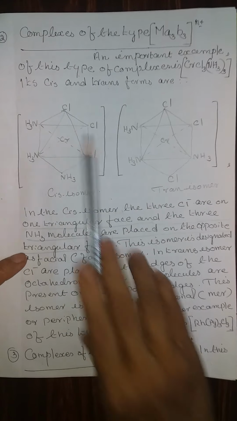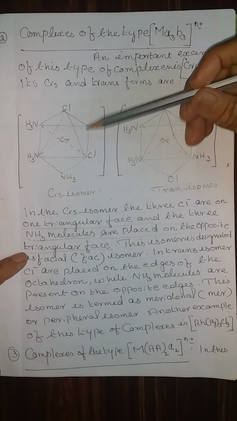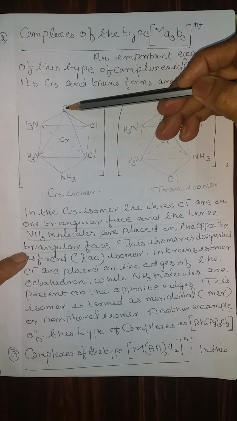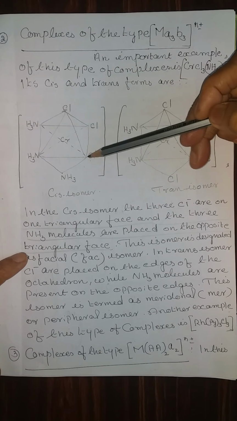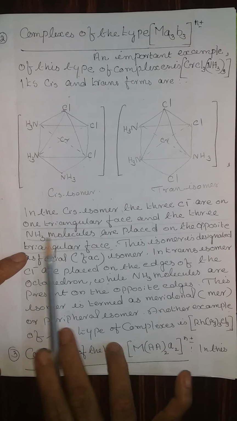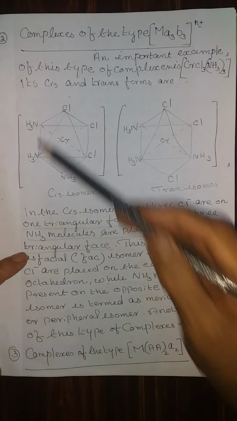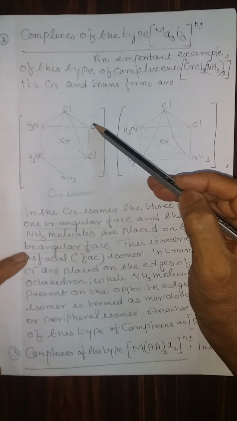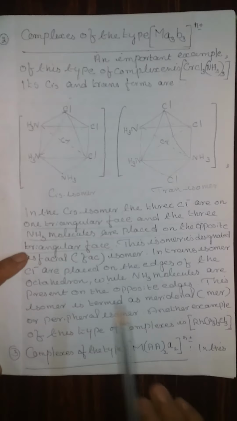These are the 3 chlorine atoms, 1, 2, 3, and the NH3 molecules 1, 2, 3 are just placed opposite to the chlorine atoms.